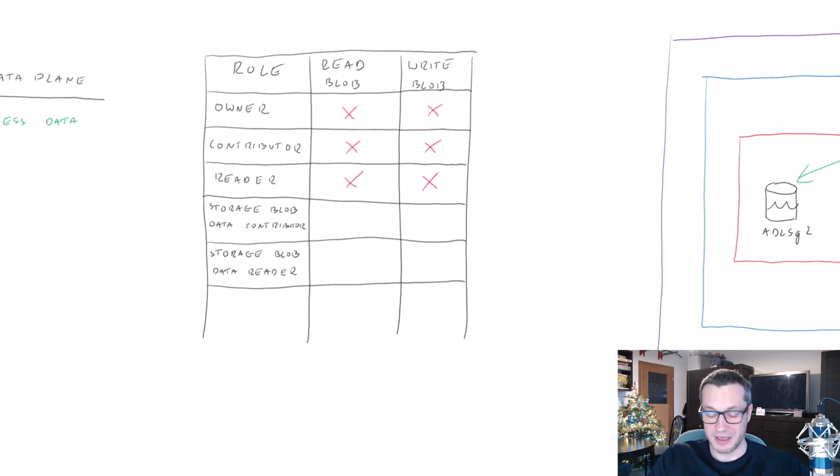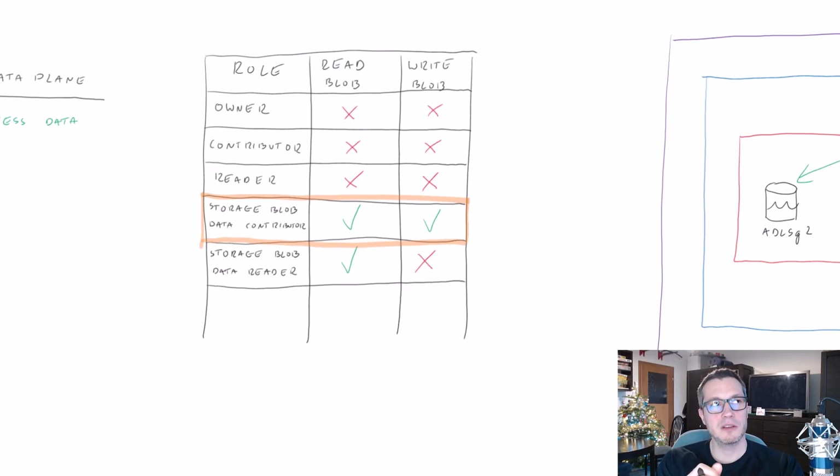So storage blob data contributor is able to read the data and write it. And storage blob data reader is able to read but not able to write. And as I said, in many cases, for data factory that is used to read and write, you would use this storage blob data contributor role, not the contributor one, because it is about a control plane.